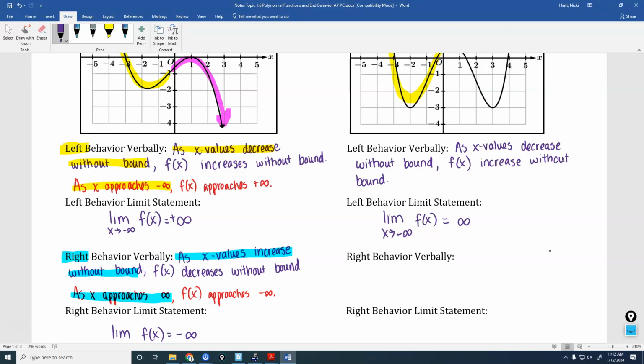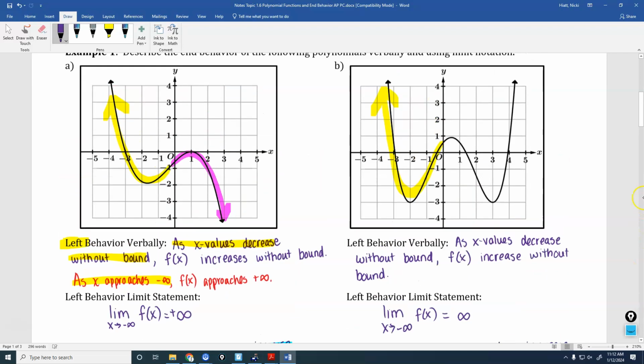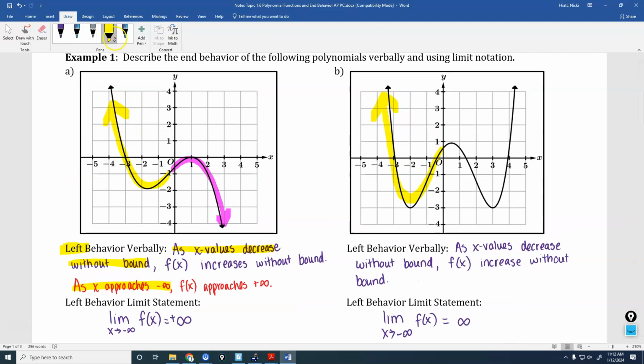Right behavior verbally, as x values increase without bound, f of x, what's going to happen on the right side of this one? We look at our right side, way out here on the end, we're also increasing.